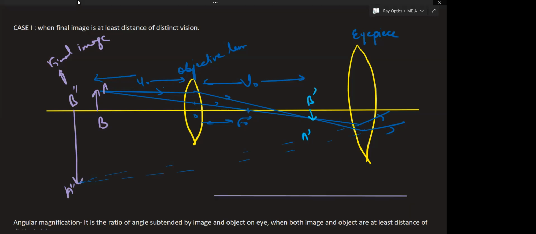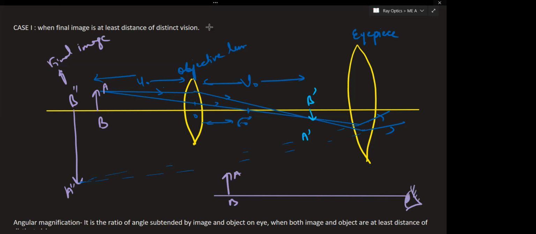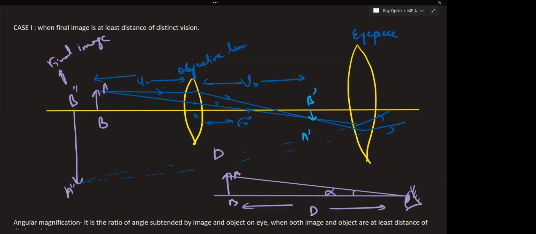See class, the angle subtended by the object on the eye, that is alpha, will remain fixed, because this will always be without the microscope. This is the least distance of distinct vision for it, and this is the least distance of distinct vision where the final image is formed.